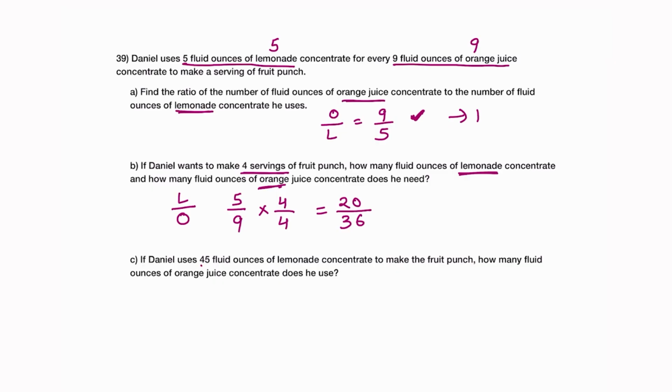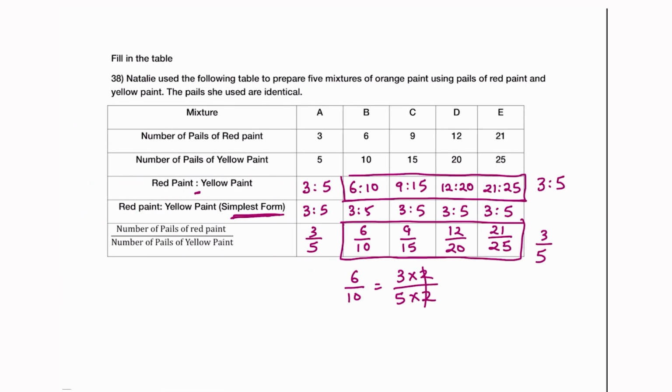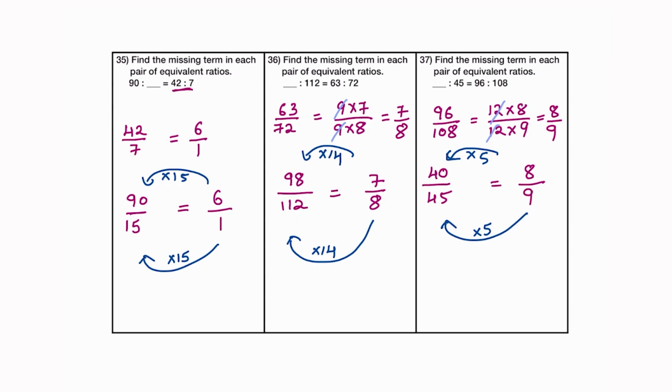If Daniel uses 45 fluid ounces of lemonade, so lemonade upon orange, how much is lemonade? 45. To make the fruit punch, how many fluid ounces of orange juice concentrate does he need? We know the simplest form here, right? So this is 5 over 9. This is exactly like doing equivalent ratios.